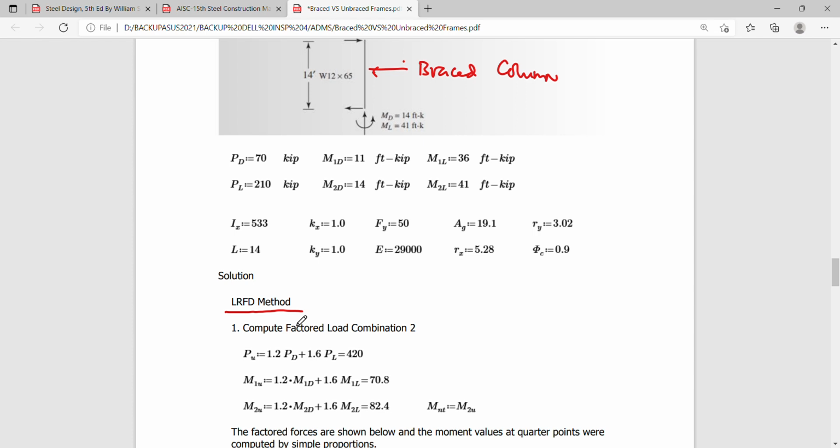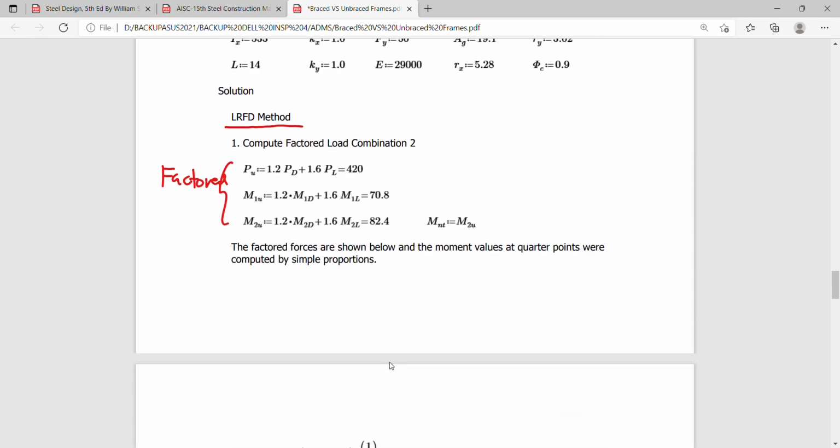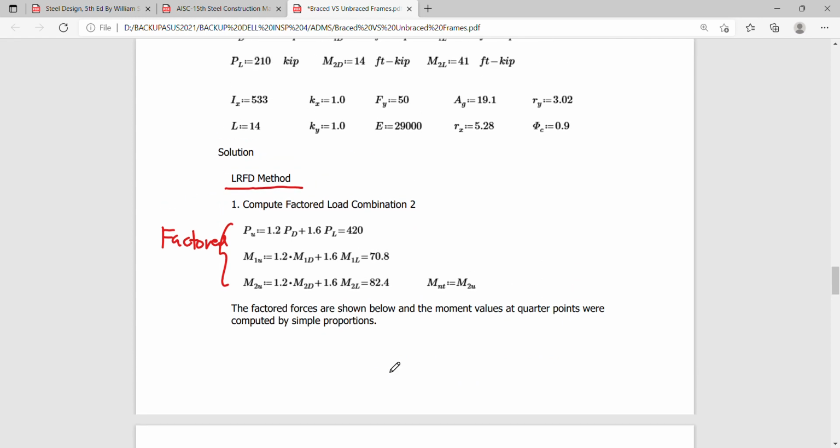So if we compute for the factored load combination 2, which is actually this 1.2 dead and 1.6 live, we will obtain the factored values of your loads and moments as shown here in the computation.